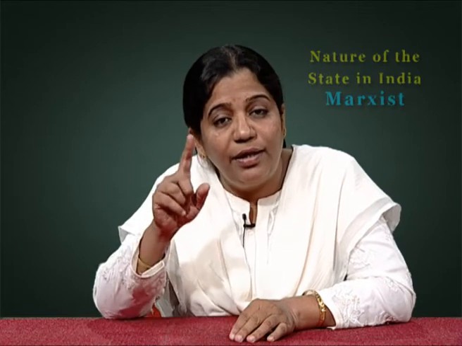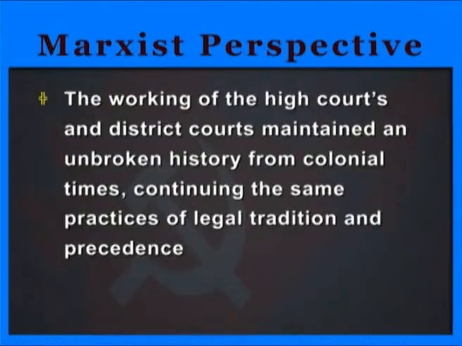The major difference was, of course, the creation of a Supreme Court and its position within the new constitutional system. However, the working of the high courts and district courts maintained an unbroken history from colonial times, continuing the same practices of legal traditions and precedents.